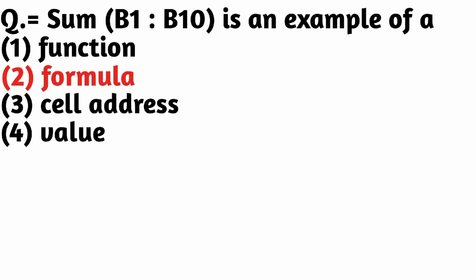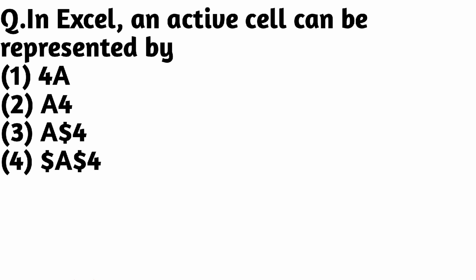Next question. In Excel, an active cell can be represented by option 1 4A, 2 A4, option 3 $4 and option 4 $A4. The correct answer is option 2 A4.